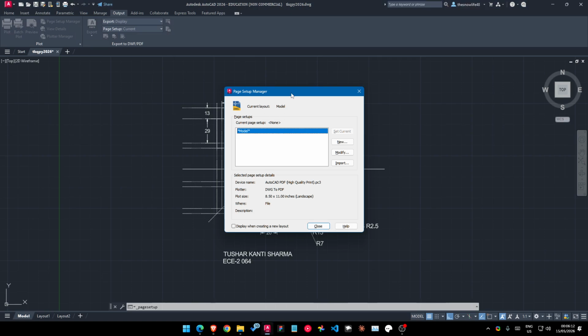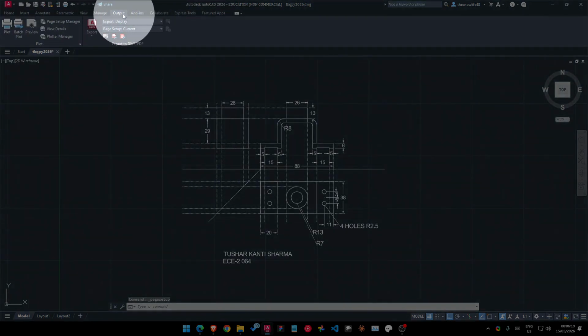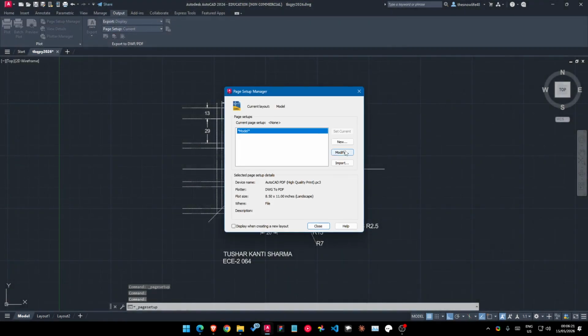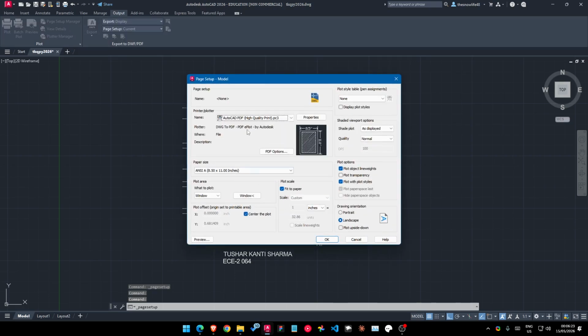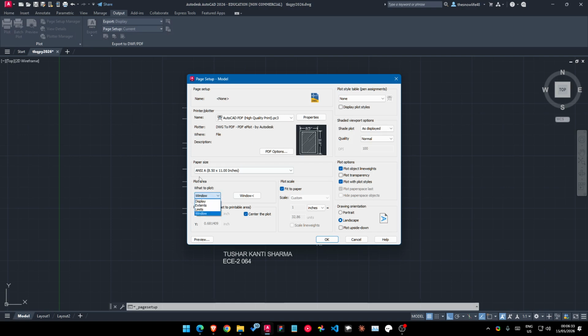When you need to go into output, go into Page Setup Manager. In the output tab, go into Page Setup Manager and modify. Do this once, otherwise you won't remember these settings. Click on high quality print, and in plot area, click on window.